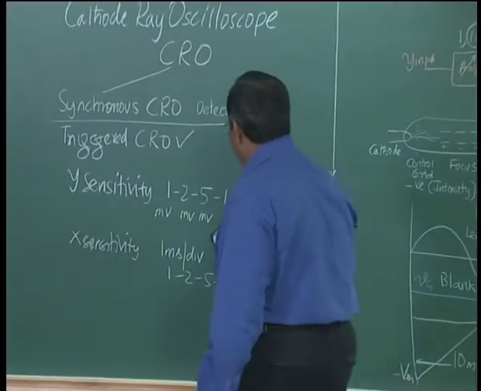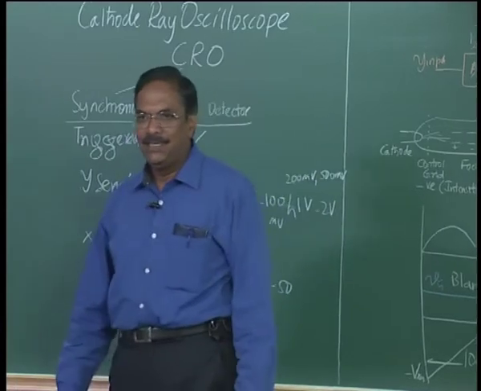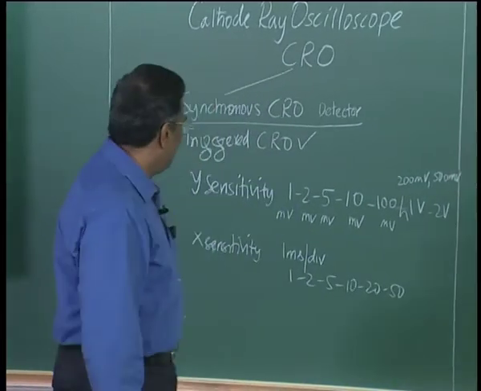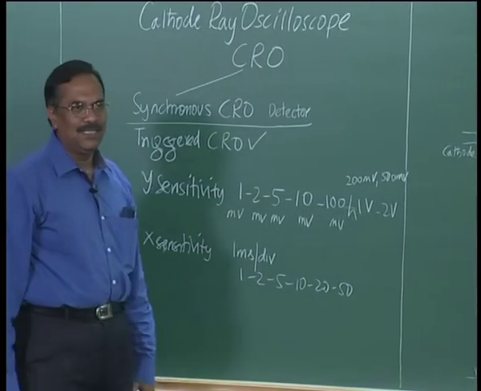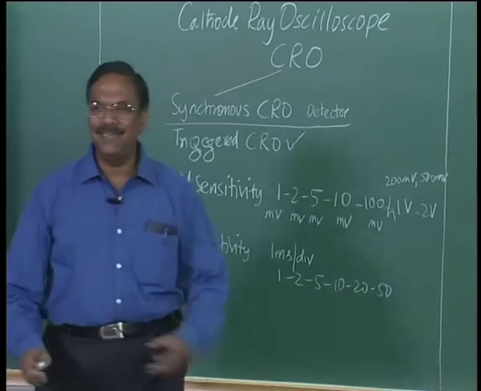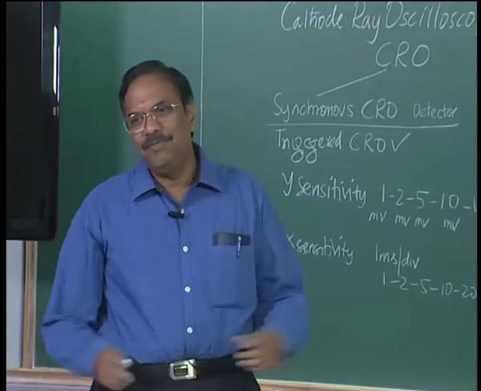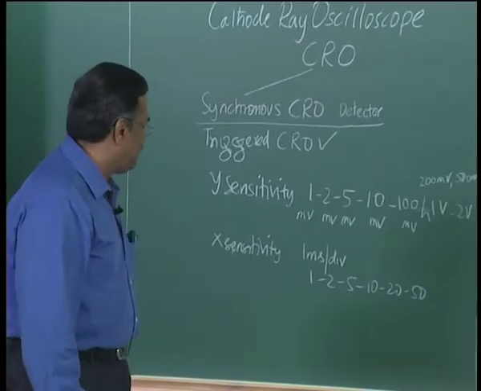So, this would be in milliseconds per division. In a CRO you will always see this 1 to 5 sequence, and for most of our applications it is extremely satisfactory. So, no one has come up with any change to this standardization.